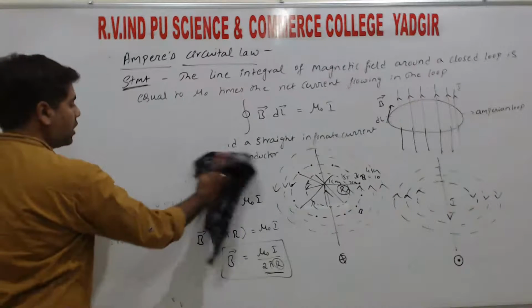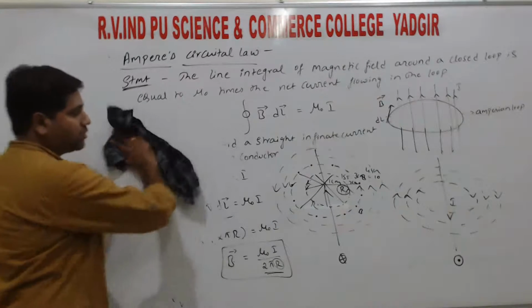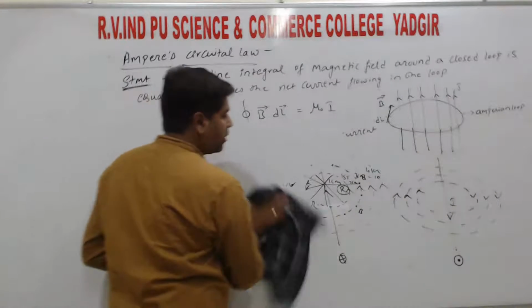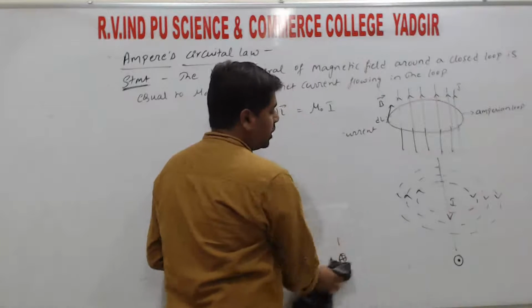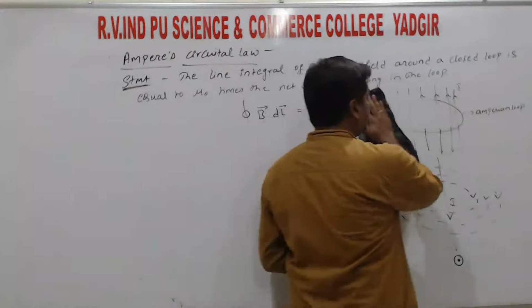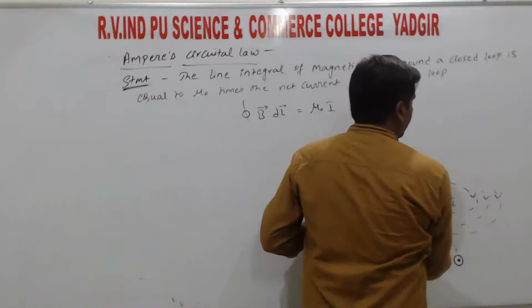So this is about the Ampere circuit law. This is almost similar to the Gauss law. Literally, the applications are similar to the applications of Gauss law. Here also we have applications of the Ampere circuit law, right?